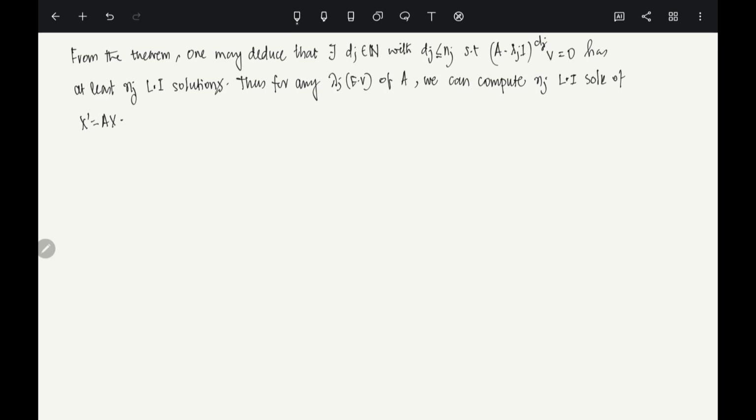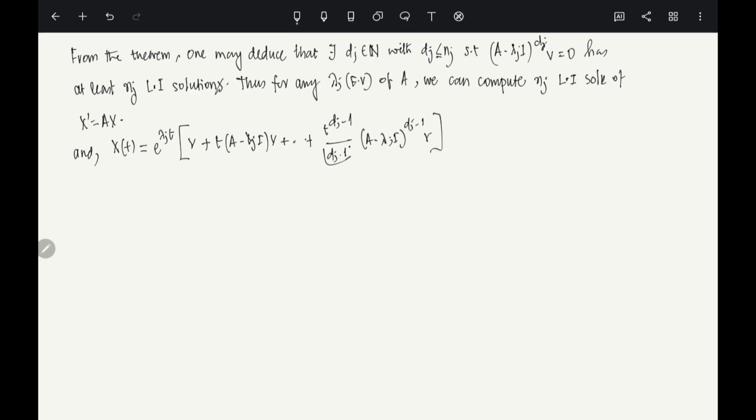All these solutions x of t will look like this: e to the power lambda j t, then the vector v plus t times (A minus lambda j I) times v, and it will go on, up to t to the power dj minus 1 by (dj minus 1) factorial, (A minus lambda j I) to the power dj minus 1 times v.